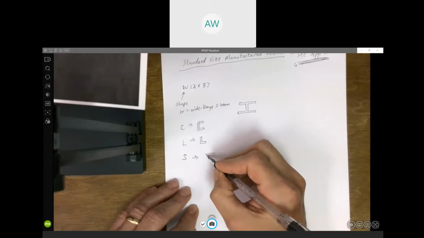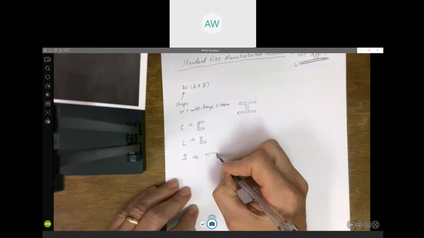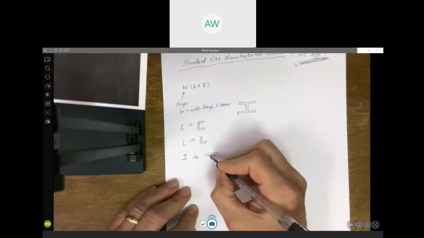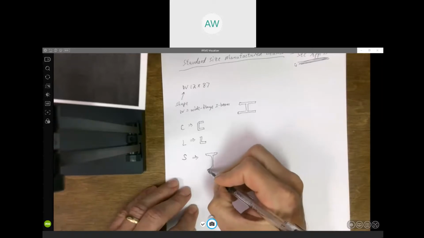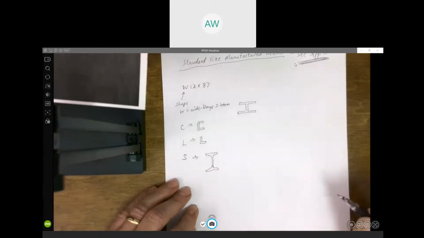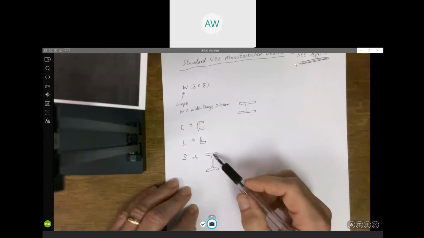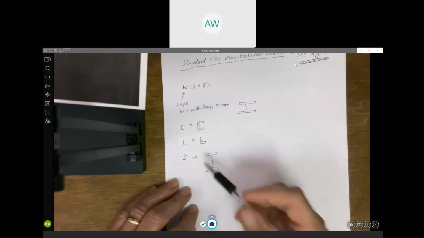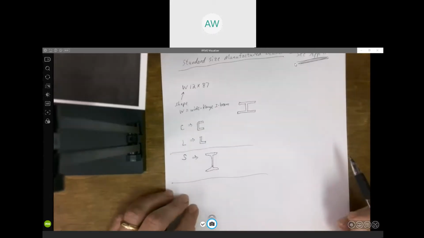To some extent it looks like maybe a whale's tail. This is not a great picture, but it's something like that. It's an I-beam, but you've got shorter and thicker flanges. This table's not in the back of your book, but you will see it's a fairly commonly used shape.